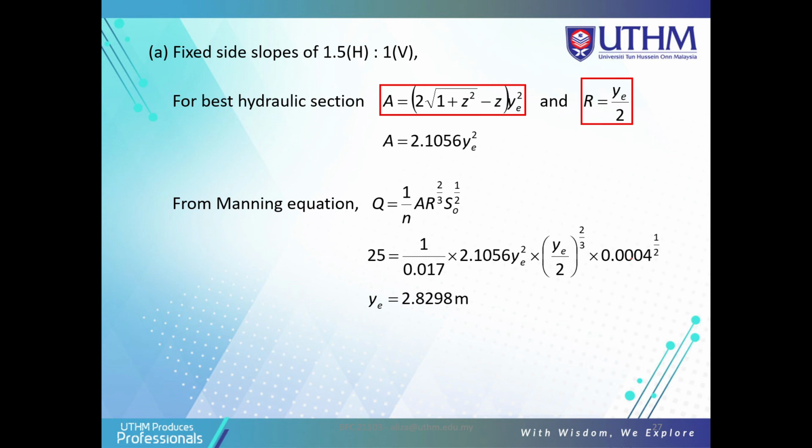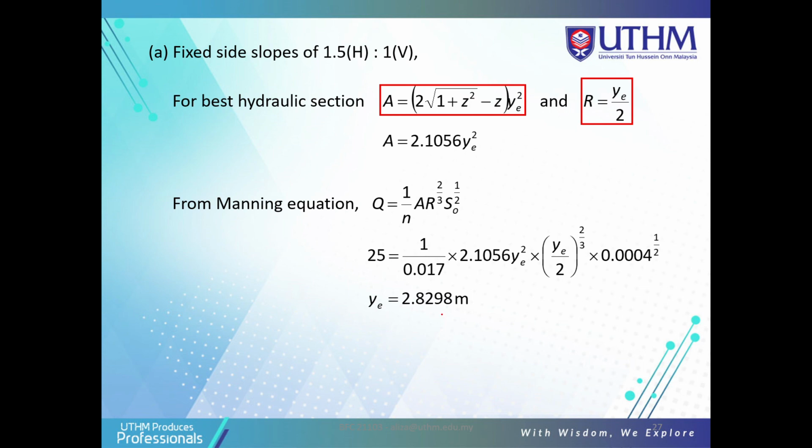Okay, in the early slide that I mentioned, we wanted to find the Y naught using the trial and error, graphical method and design chart. But this is the best hydraulic section. We want to find the Y effective in the best hydraulic section.